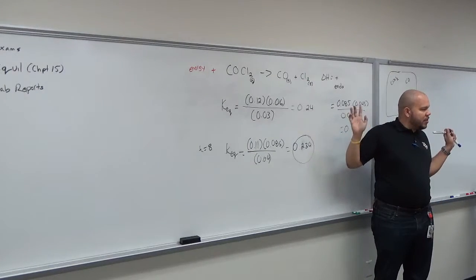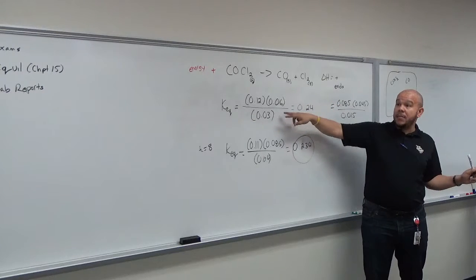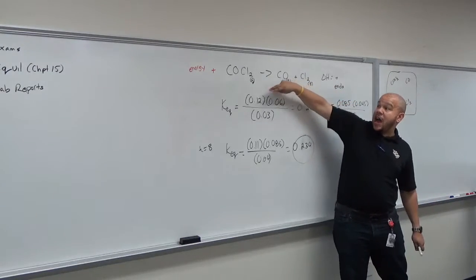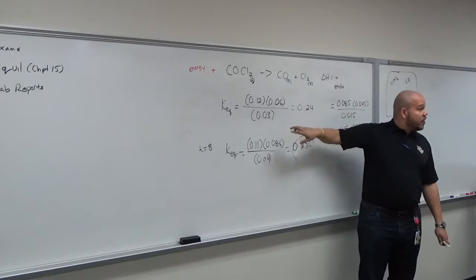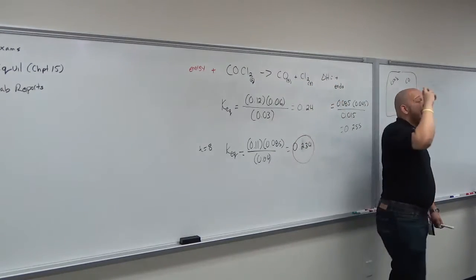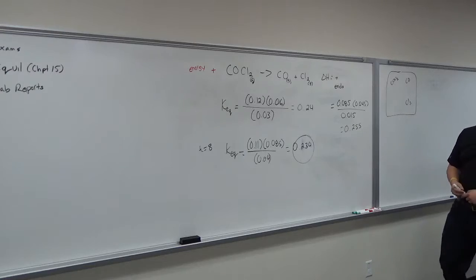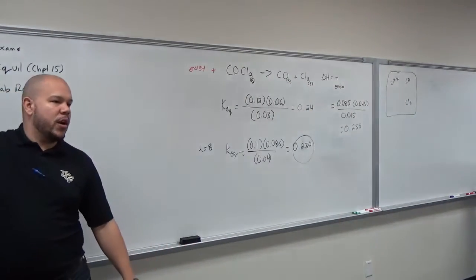Hopefully we understand that basic math. So if the numerator is bigger than the denominator, then the products, which are always on top, are at larger concentration than the reactants, which means we're dealing with a reaction that favors the products to the right. So we say the equilibrium lies to the right if K is greater than 1.